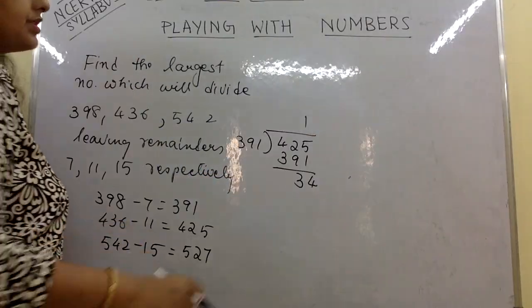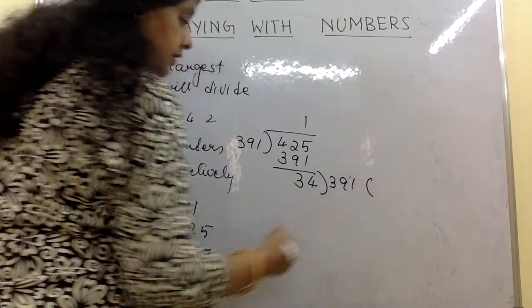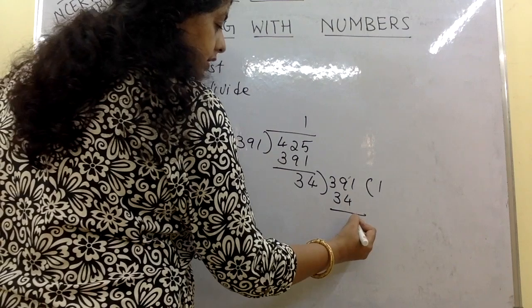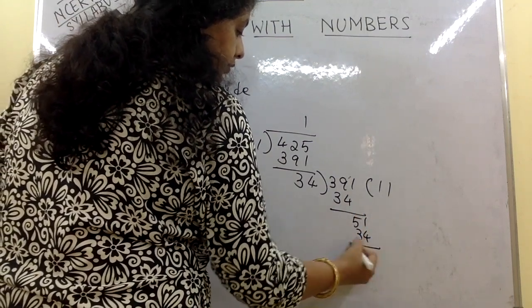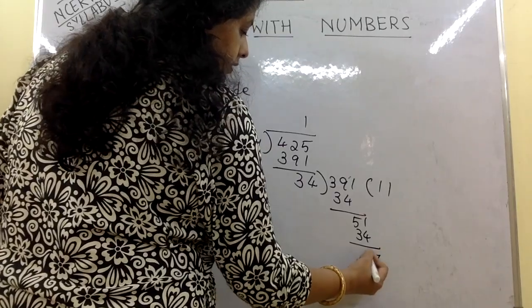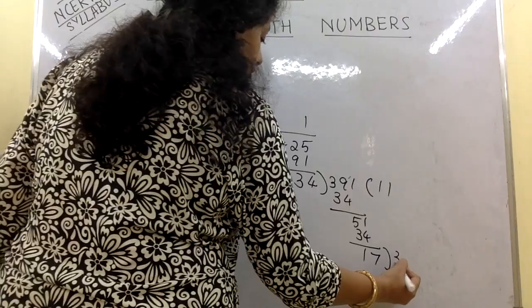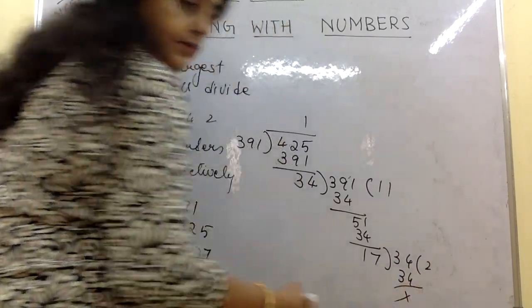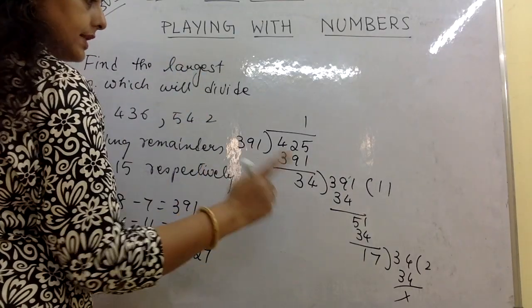So now this is 34 and 391 here, 134 and 51, again 134 and 770. Yeah. Now put this 34 here. Now you can clearly see it is going to not leave any remainder. So 17 is the number.